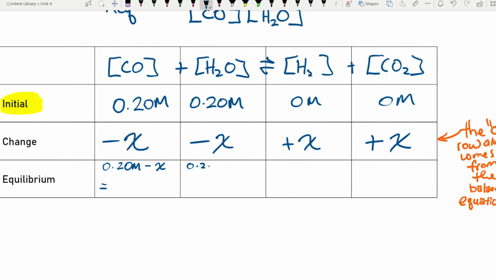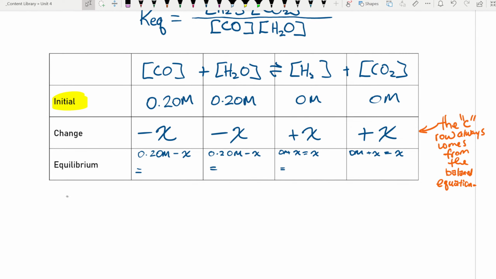Yeah, it's going to be 0.20 molar minus some number X, and that's going to equal, what's this going to be? X. Yeah, it's going to be 0 plus X, which is just X. And obviously we can put what that number is once we know it. What will this one be? 0 molar plus X, which just simplifies to X.